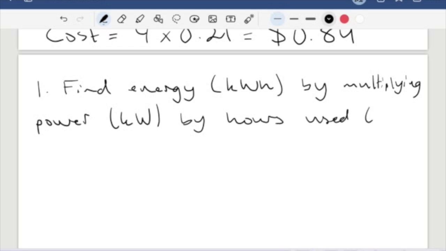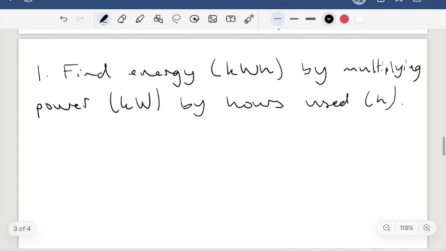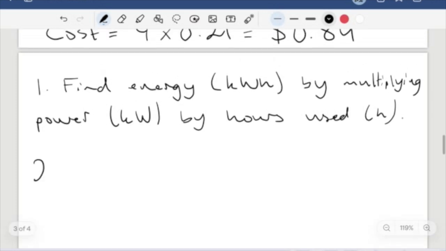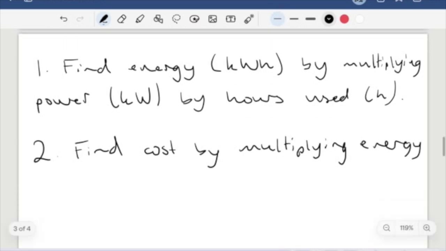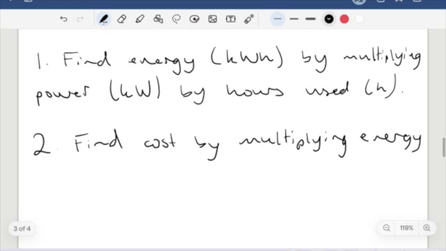And let's call this H, because we want to find this time in hours. Then once we've done that, we find the cost by multiplying the energy by the electricity charge.